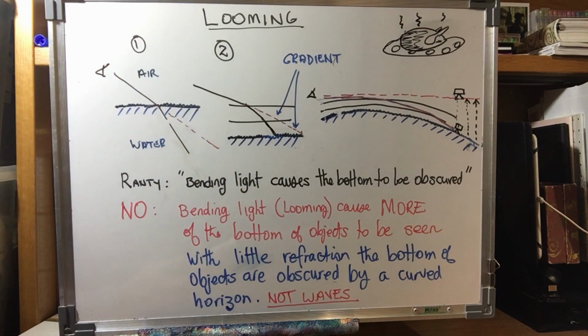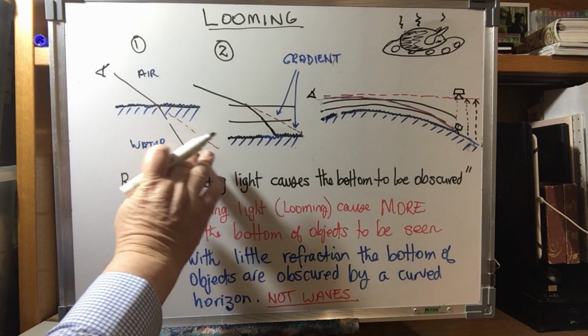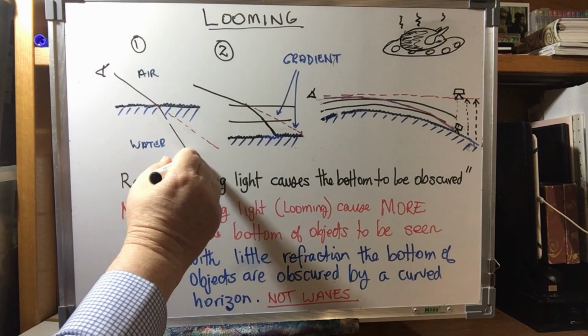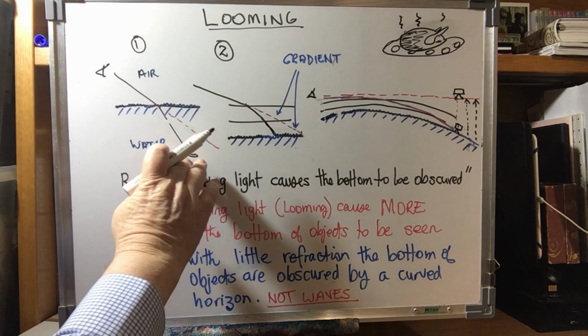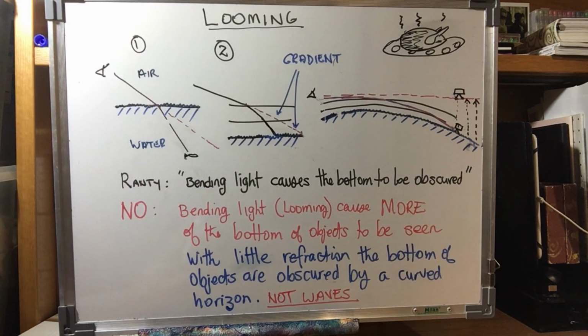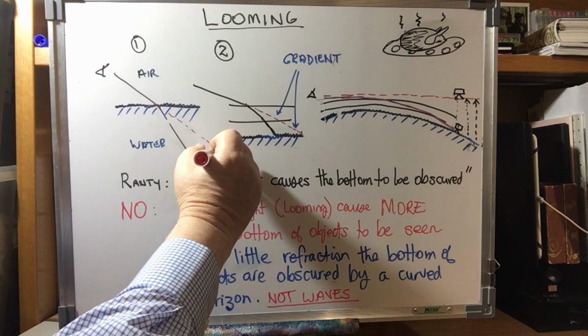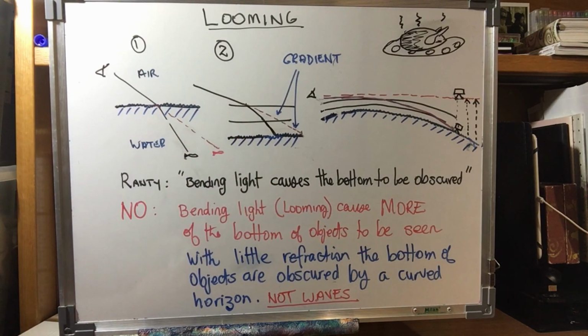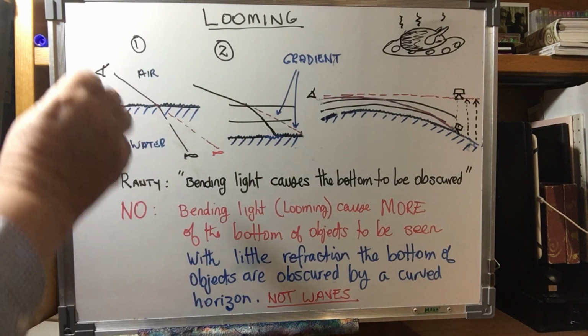So an object like a fish over here will in fact look like it's over here. That's because this ray is bent.